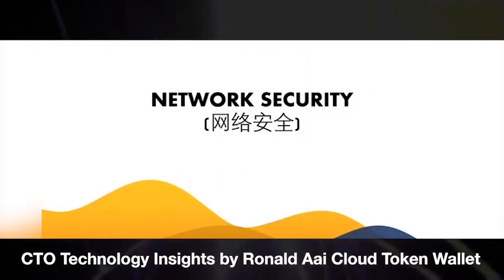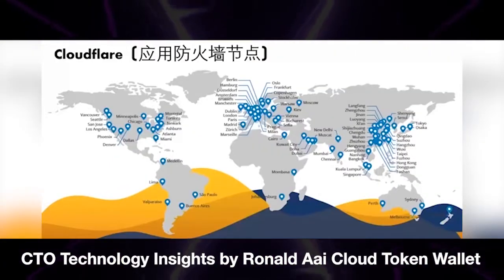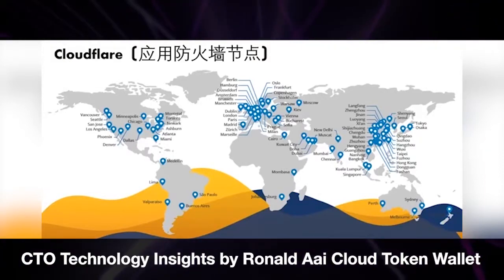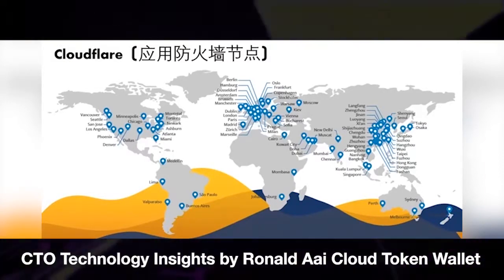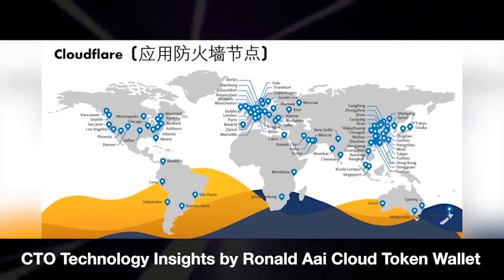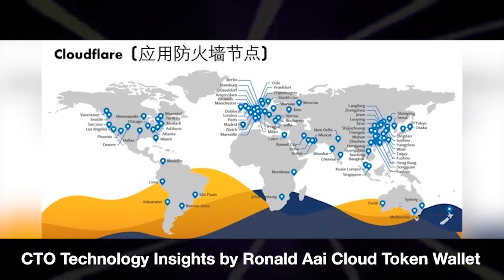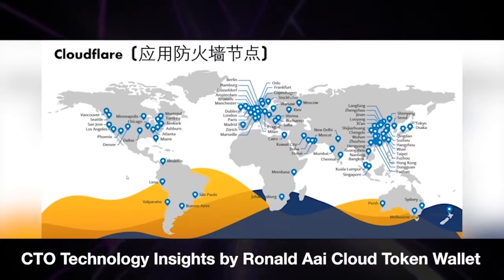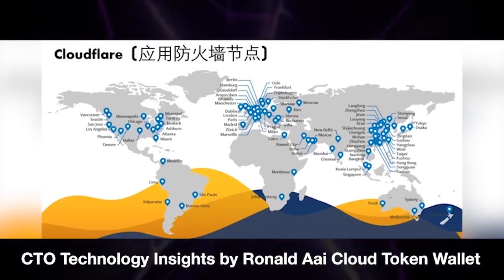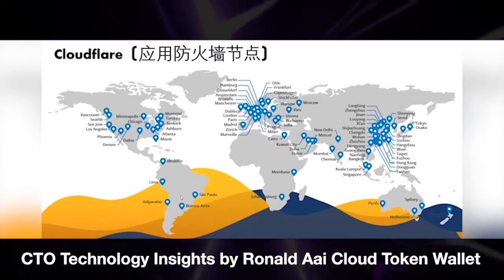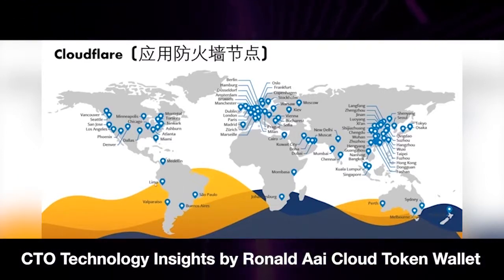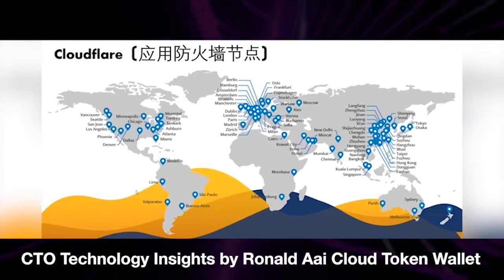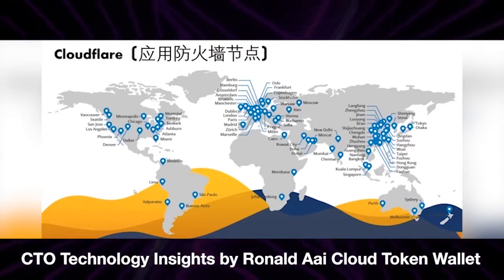So let's talk about the network security. We actually run Cloudflare, and Cloudflare itself has all of these nodes or data centers in the network that do all the CDN and acceleration.